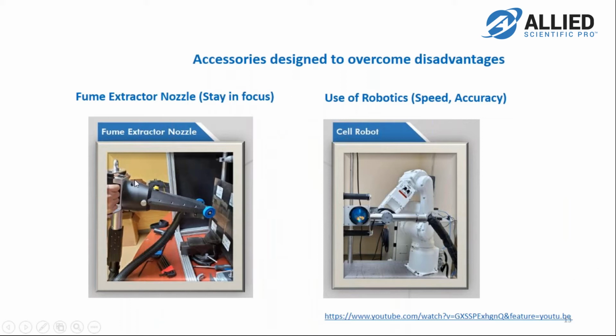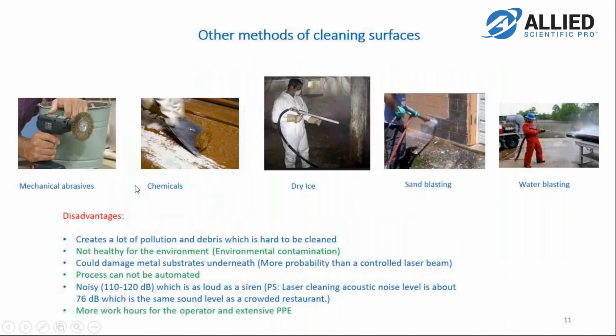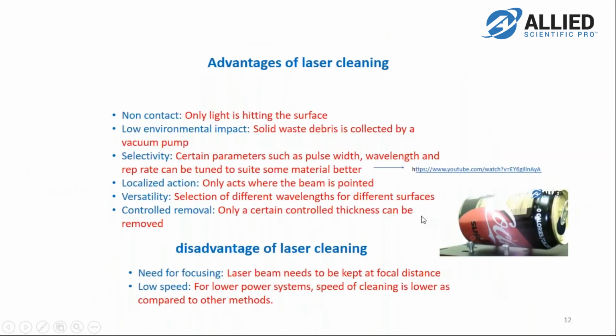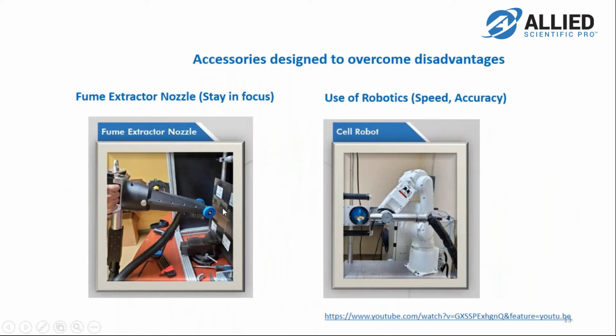And one of them, the picture shown here, is a fume extractor nozzle, where you can see the lens of the laser cleaner, and let me show you the laser cleaner one more time. You can see it here. There's this lens and the galvo system, and that one is just placed inside of this fume extractor nozzle that has these rollers.